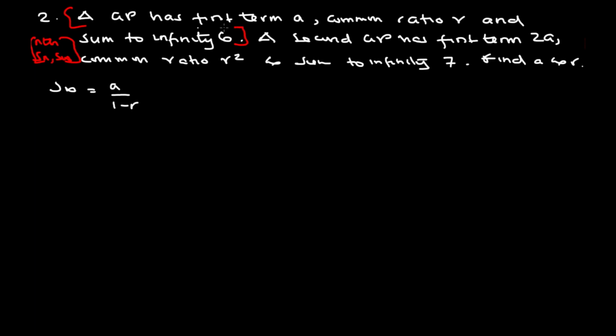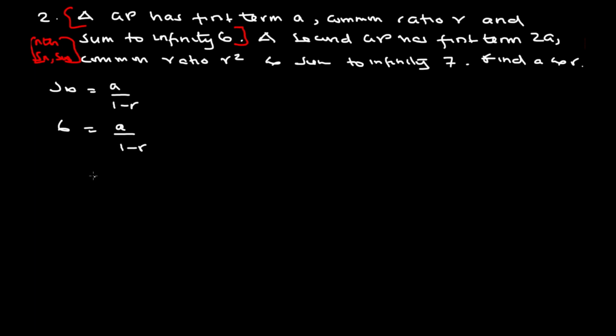So again, ignore the whole story. Just focus on which statements you can convert to equations. So this first statement here again: a GP has the first term A, common ratio R, and sum to infinity 6. So our sum to infinity is 6, the common ratio is R, and the first term is A. Don't worry that they've used the same letters as the ones in your formula, you just need to be careful.